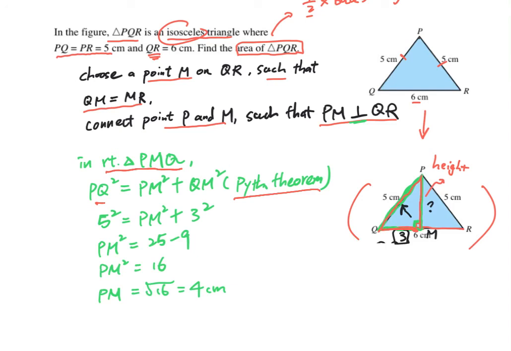So 5 squared equals PM squared plus 3 squared. Just substitute the numbers inside, and finally you find that PM squared equals 16, and take the square root of both sides. So PM equals 4 cm. So this 4 cm is the height of this triangle, right?